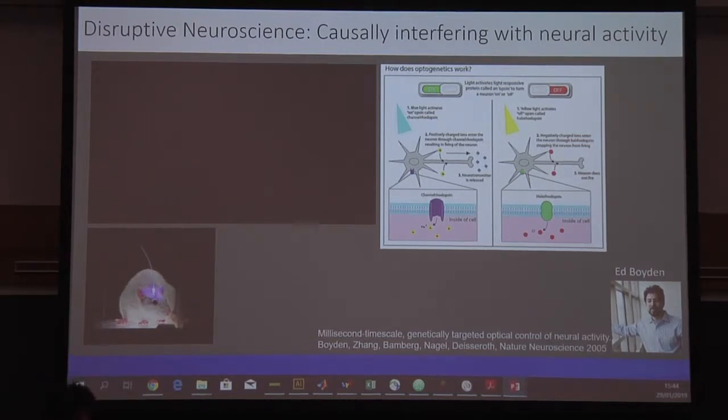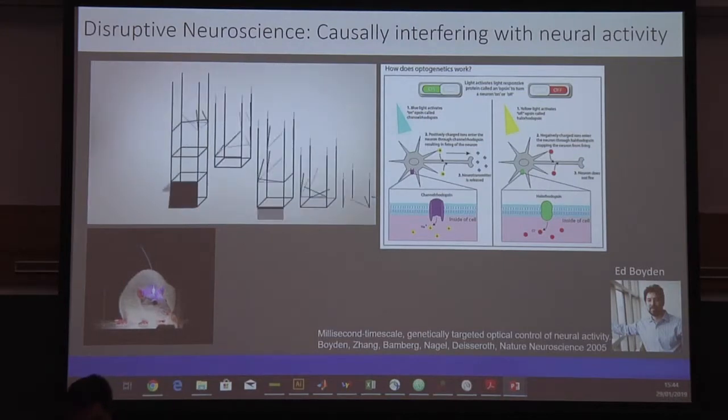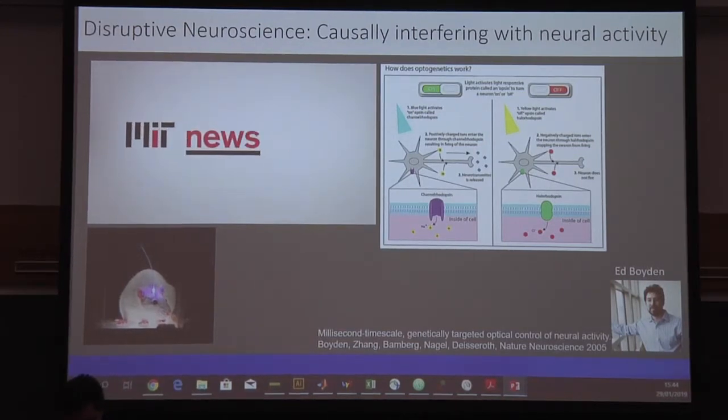So the basic idea here is that one can combine the precision of molecular biology that can give us access to specific ion channels. Ion channels are proteins that are along the membrane of neurons and essentially dictate the flow of ions inside and outside of the neuron. That is, the activation of the neuron can be controlled by these ion channels.